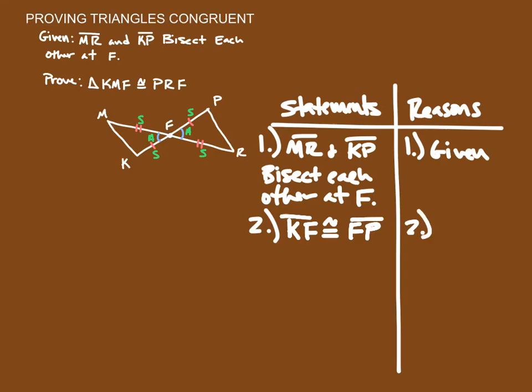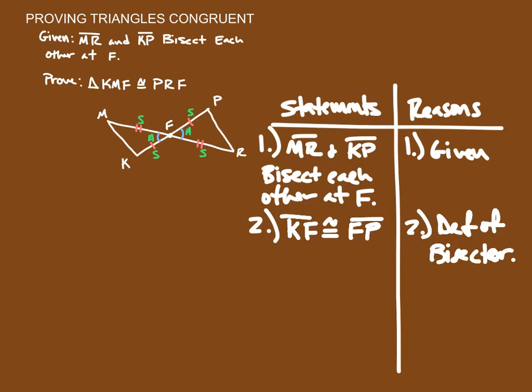And that is the result of a bisector, so let's call the reason the definition of a bisector, which is something that cuts something into two congruent parts.